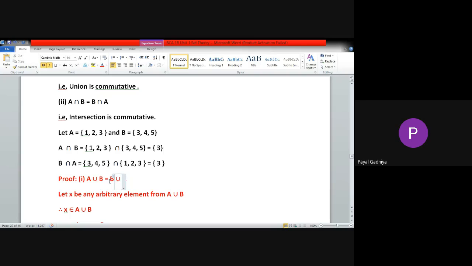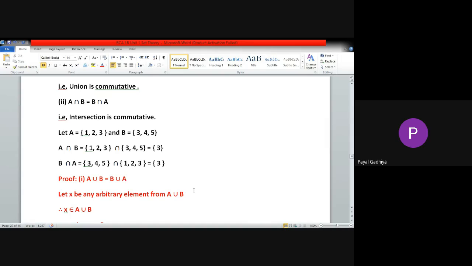And secondly, we'll show that B union A is a subset of A union B. So we'll prove it both ways, and then we can say that A union B equals B union A. If I show that one set is a subset of another set, and then show that the second set is a subset of the first set, then both sets will be equal ultimately.